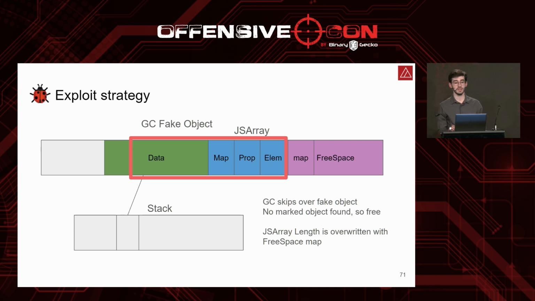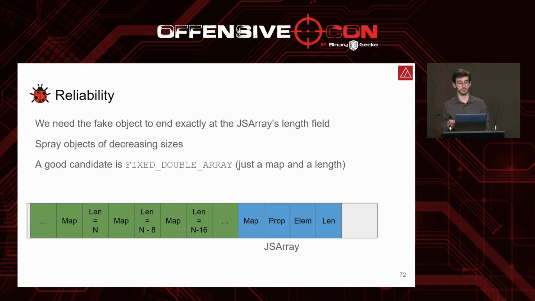Now, the difficulty is that we need to craft this fake object to have a very specific size, because we need to overlap the JS array and end exactly at the length field. So to do that, we decided to spray many fixed double arrays of decreasing size.